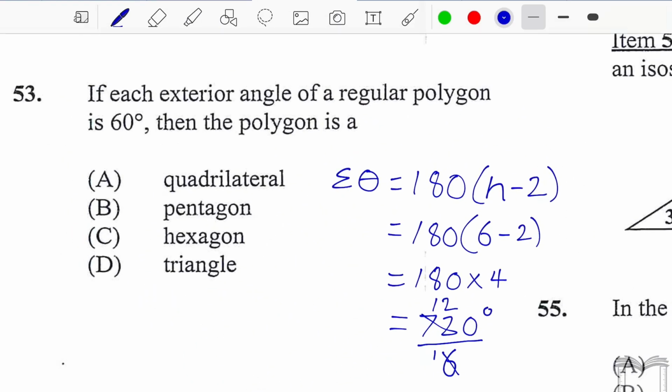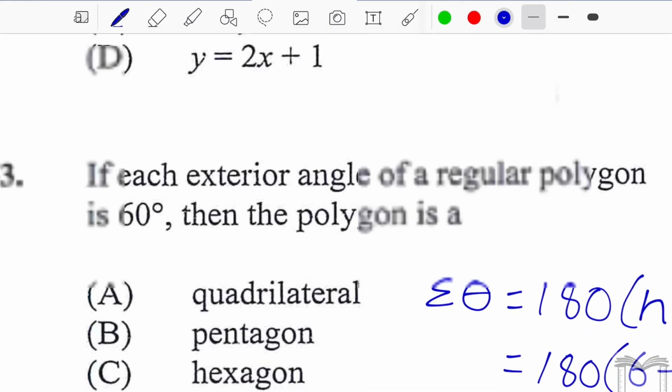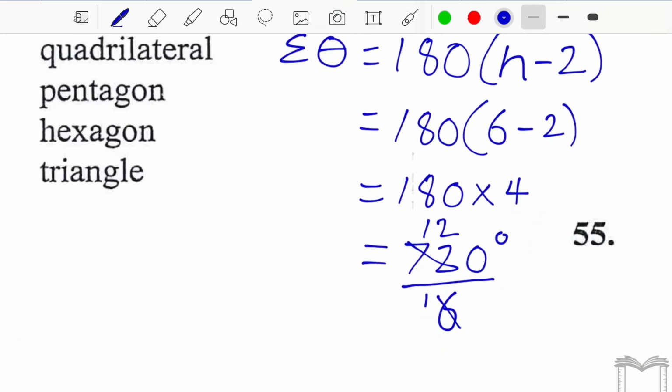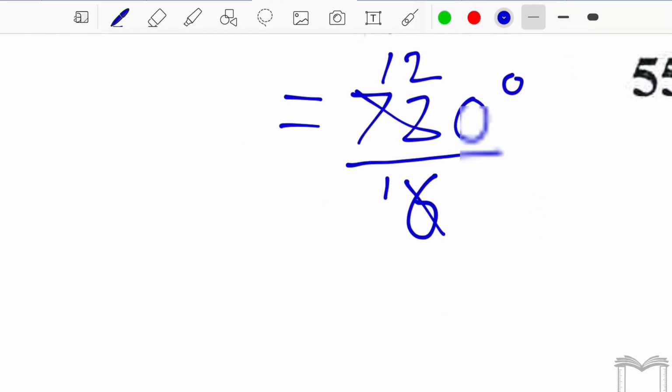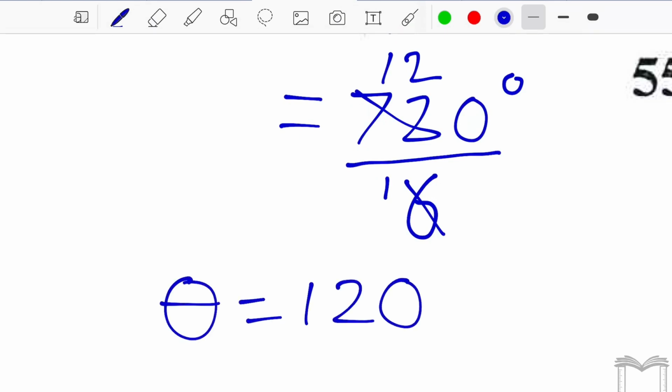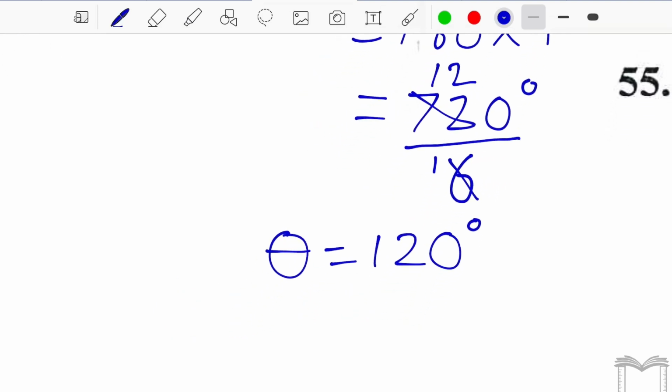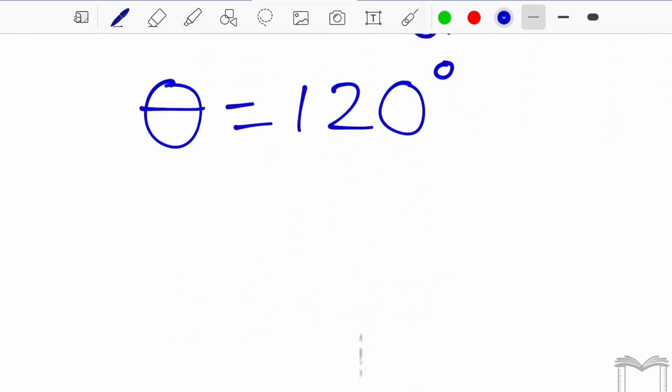So that's 120 degrees. Now, they didn't tell us that 60 degrees is the internal, they said that 60 degrees is the external. So how do we go from having the internal angle to getting the external angle to know if it's correct? So let's quickly sketch the base of a hexagon.